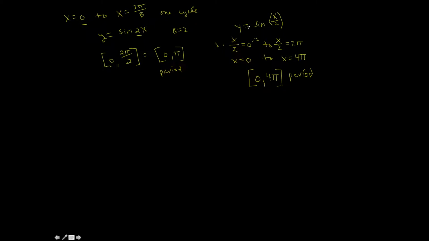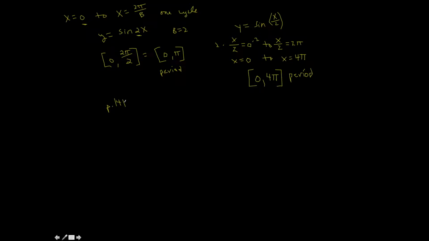Now, if you want to see what these graphs look like, all graphed together, it'll help make sense what this is actually doing to the period. If you look on the bottom of page 141 in your book, I can draw it, but it's going to be better for you to see it in your book. You're going to see the graph of y equals sine of 2x, y equals sine x, and y equals sine of x over 2.